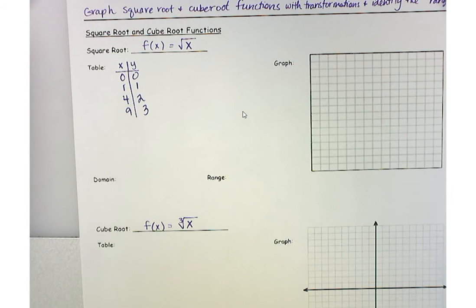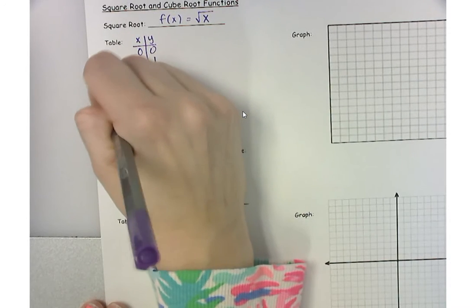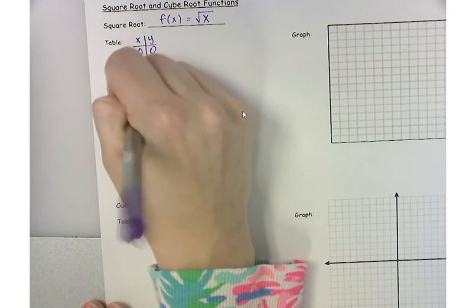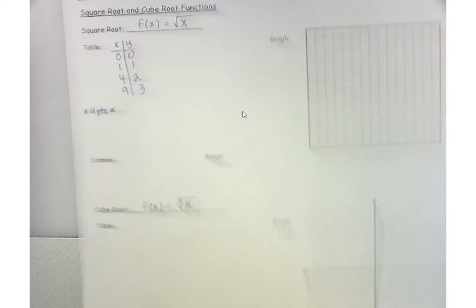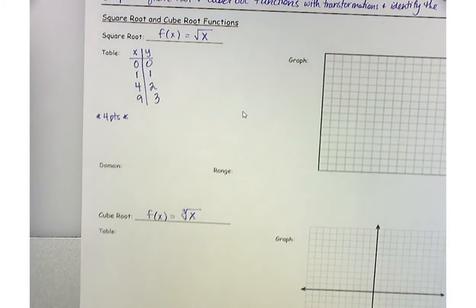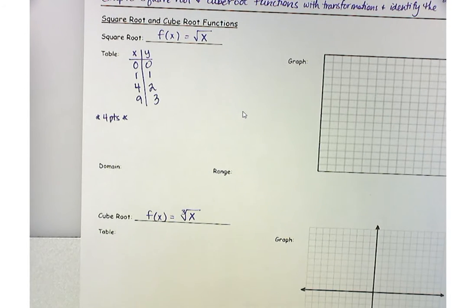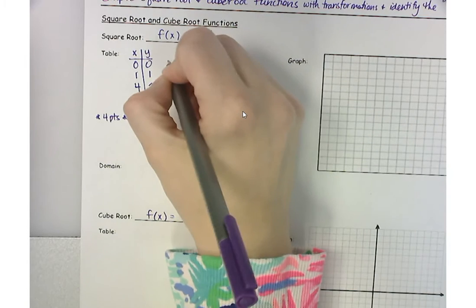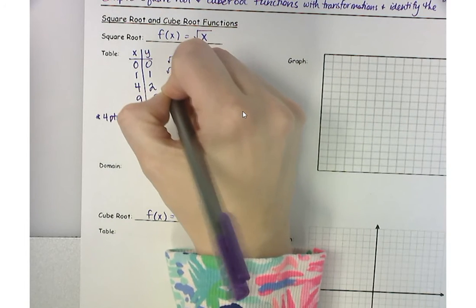You can definitely do more, it's just that I'm requiring those 4. The next one will be 16, and so on. Square root of 0 is 0, square root of 1 is 1, square root of 4 is 2, square root of 9 is 3. That's where we're getting our values.